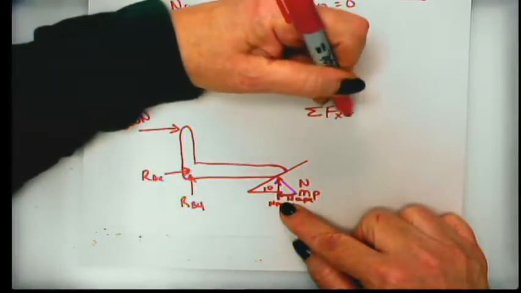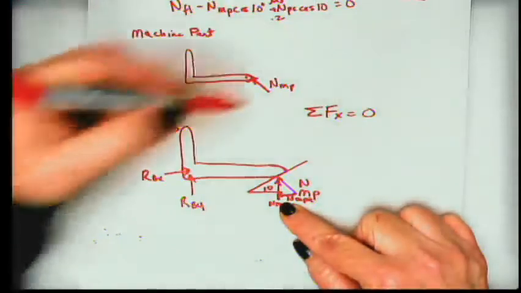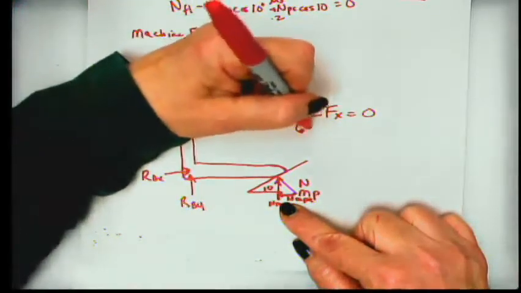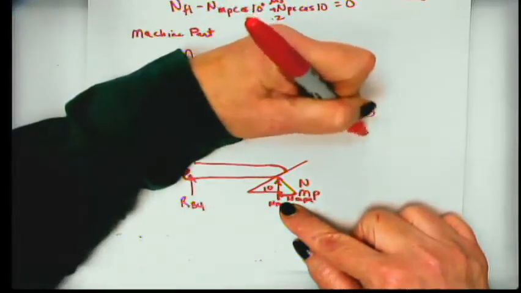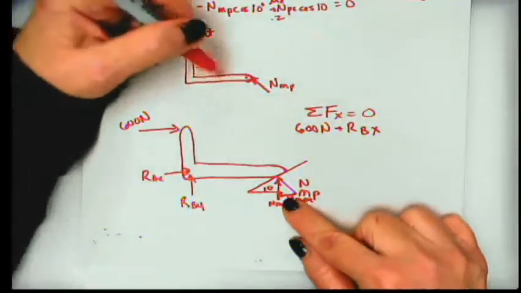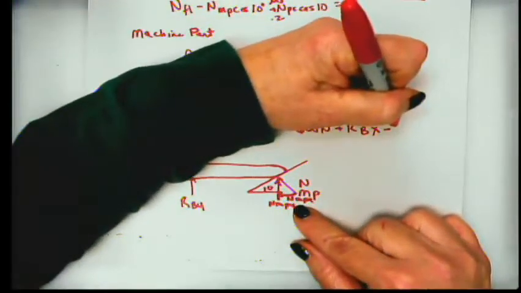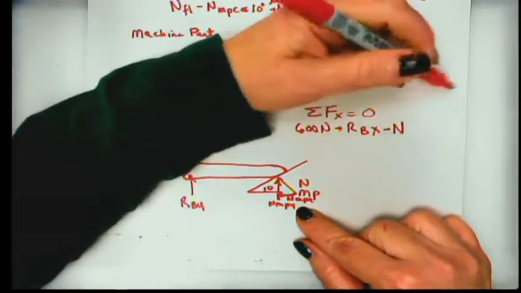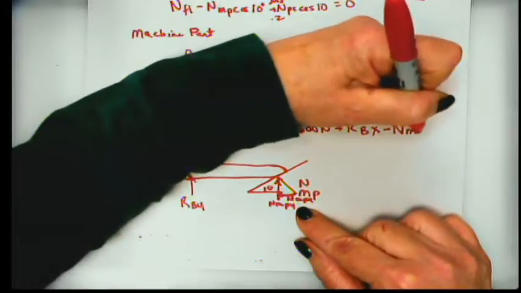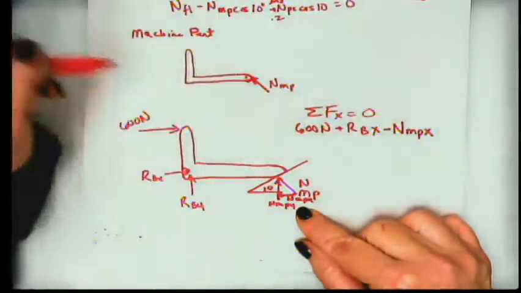Summation of forces in x equals 0 on the machine part. We have 600 newtons plus RBX. And in the x direction, this is negative, minus the normal force of the machine part in the x direction.